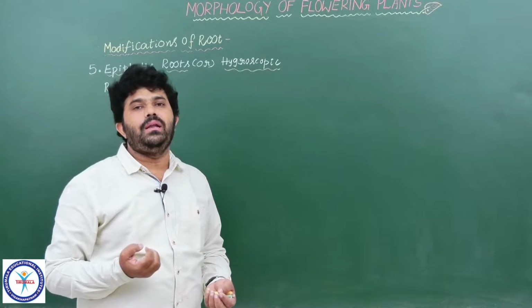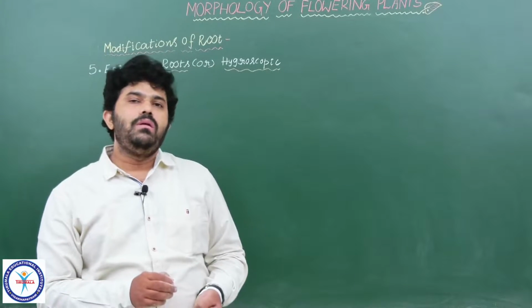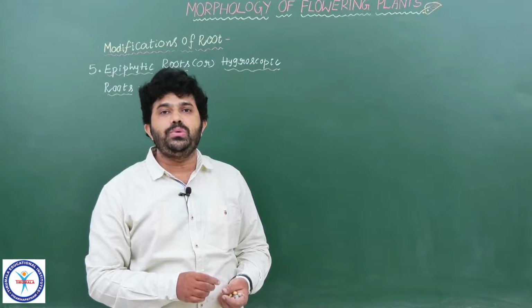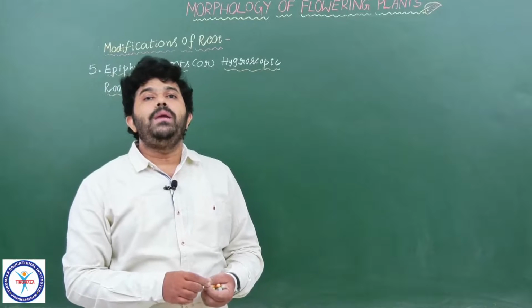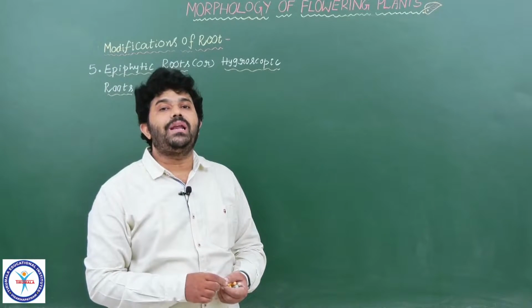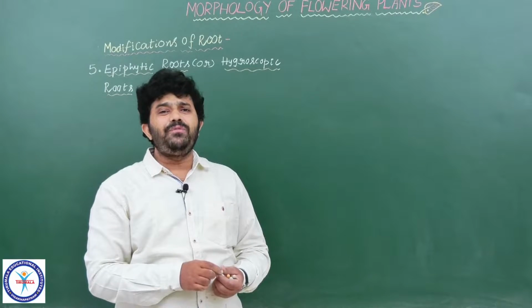So from the air they can easily absorb water by a special tissue called velamen tissue. What is this tissue? Velamen tissue is a non-living tissue made up of multi-layered epidermal cells that are lignified.